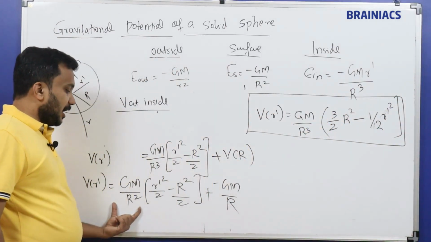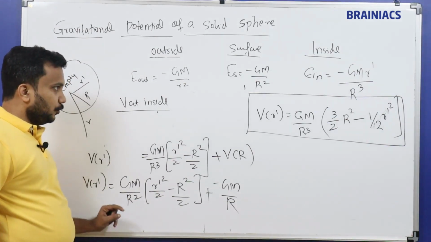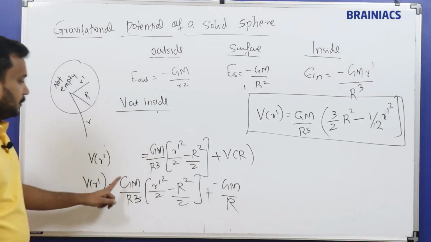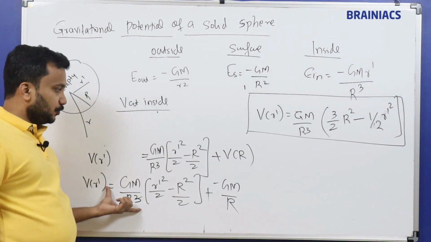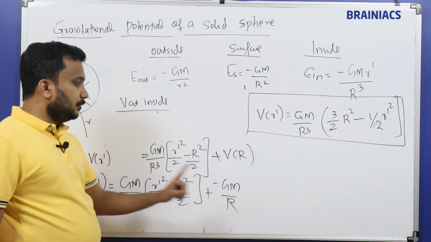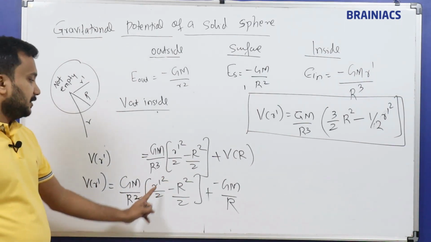You just take GM by R cube here. R cube is a factor which is there. So if you take GM by R cube outside, minus r square by 2, r dash square by 2, here 1 by R. So minus GM by R cube is taken outside, it becomes 3 minus 3 by 2.